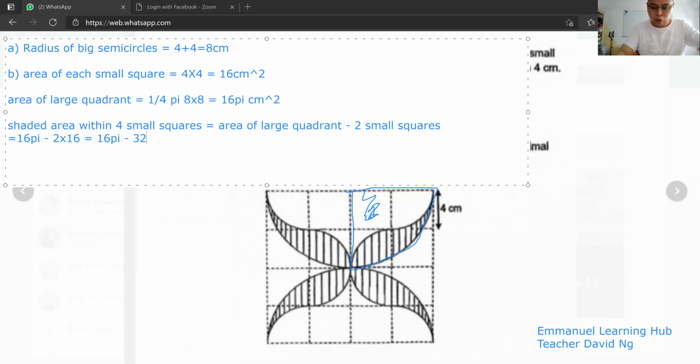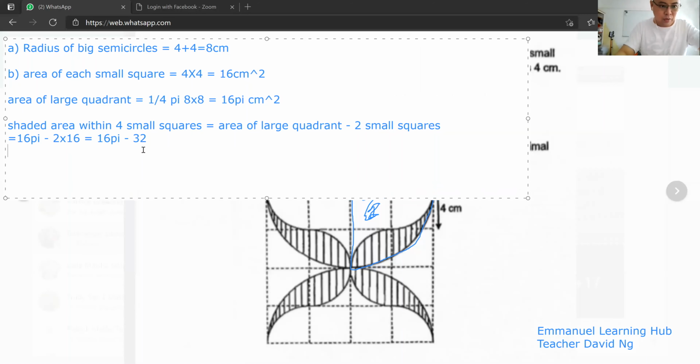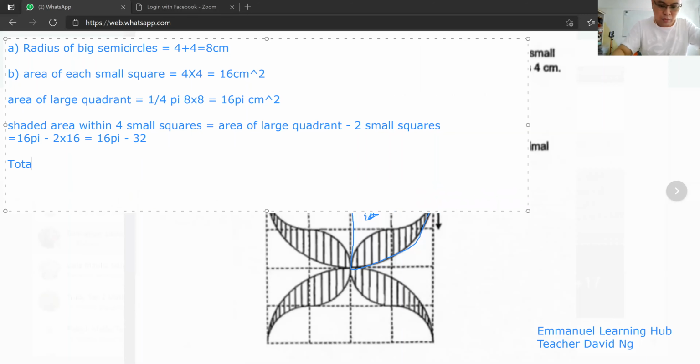Then the total shaded area will be equal to 4 times 16 pi minus 32.